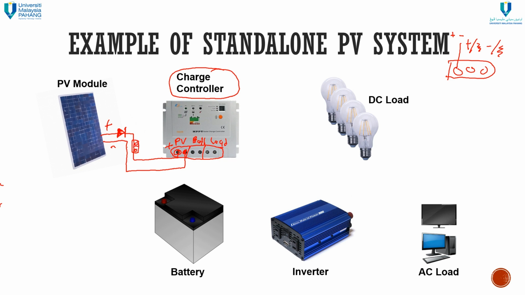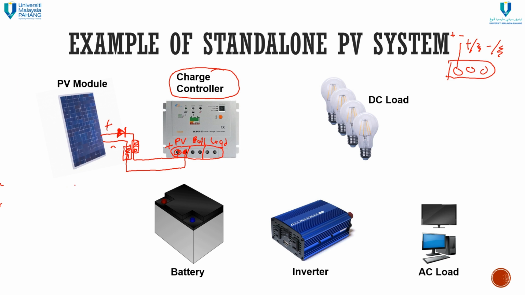Okay, fuse for both the plus and negative. But recently I heard it's enough only to put in the positive only, because they just cut at the plus only, is sufficient. But before that, plus and minus are equipped with this fuse.